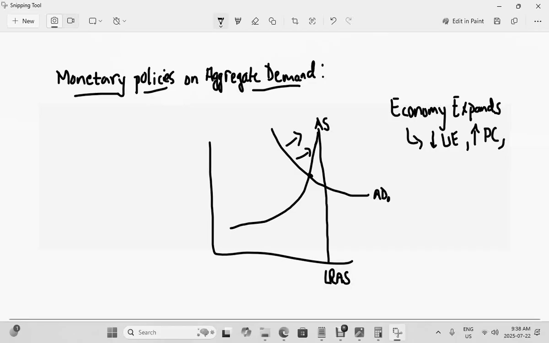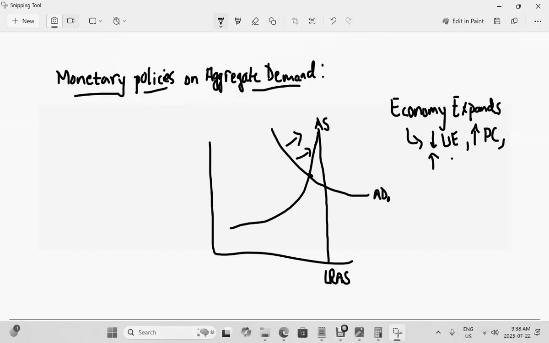So capital expenditure by businesses, because businesses will borrow more as more money becomes available in the reserves of the commercial banks, and they will spend more money. Because more money means less interest. Money is inversely proportional to your interest rate. So interest rate is low, businesses borrow more, and the economy expands.